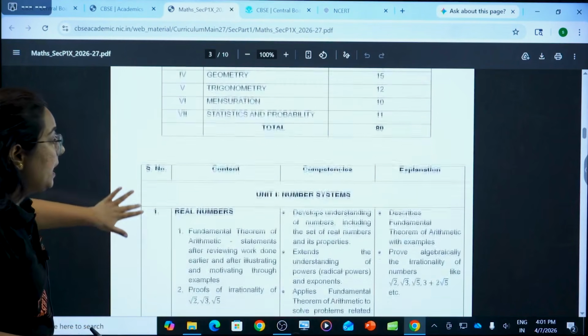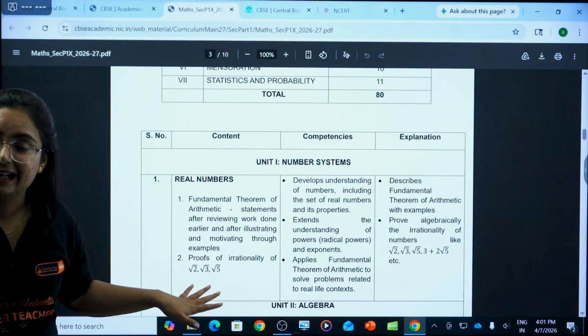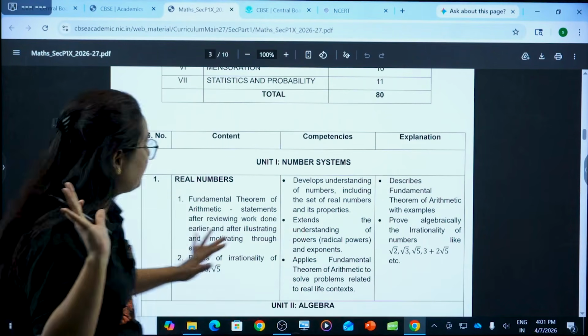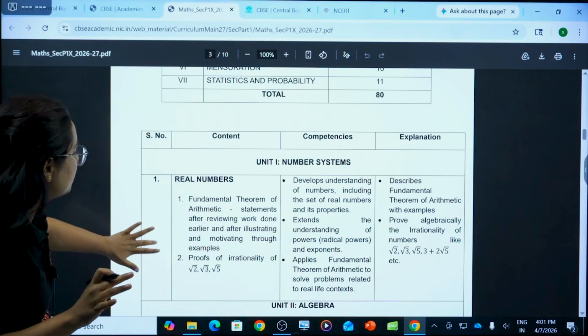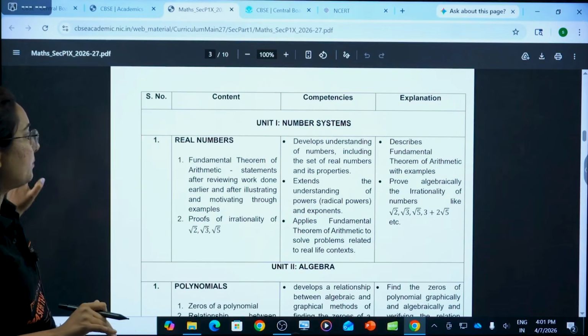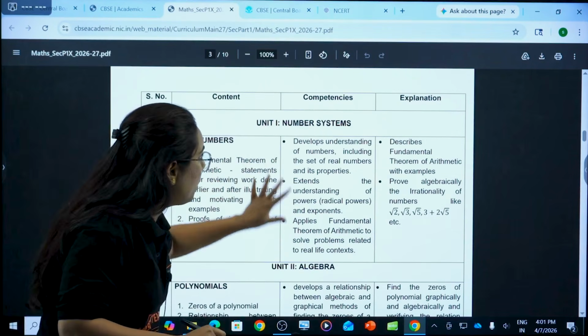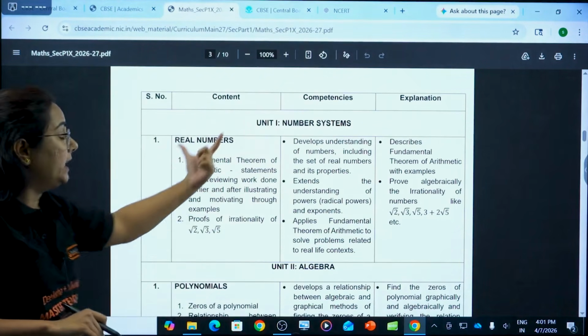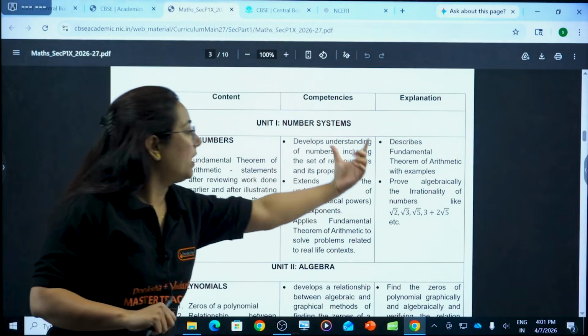So here is the rationalized in-detail explanation of your syllabus that is given to us by CBSE. Like if I talk about the first chapter in the list, that is real numbers. So what are the points that you have to study? Right? What are the points that come in content, in competency based questions, or in the explanations?